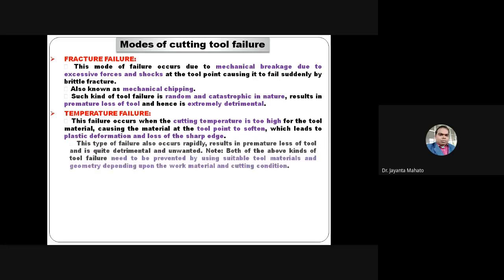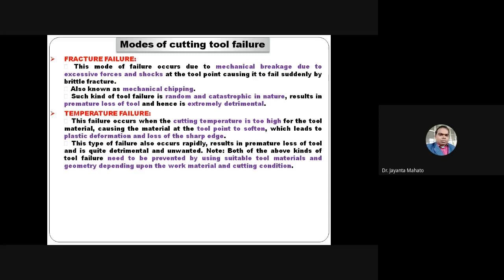This type of failure occurs rapidly. The temperature increases to a high level, the material at the tip of the tool gets softened, plastic deformation occurs, and the sharp edge of the tool deforms and loses its sharpness.